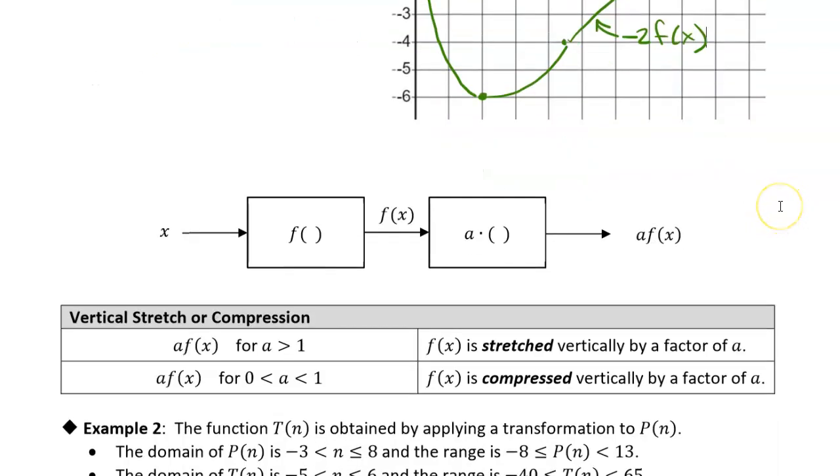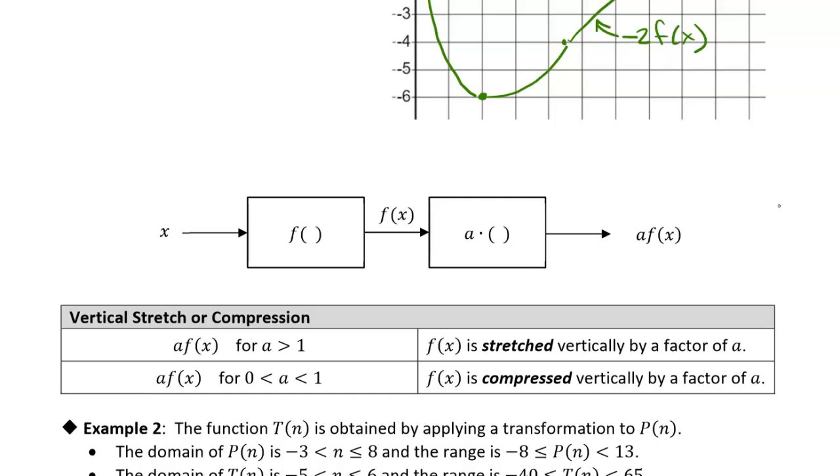And the general rules then are, it results in a vertical stretch or compression, and the rules are if a is greater than 1, this factor that we're multiplying by is greater than 1, then it's going to stretch it by a factor of a. And if it's between 0 and 1, then it compresses it.